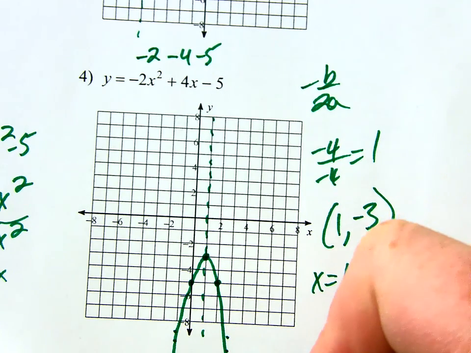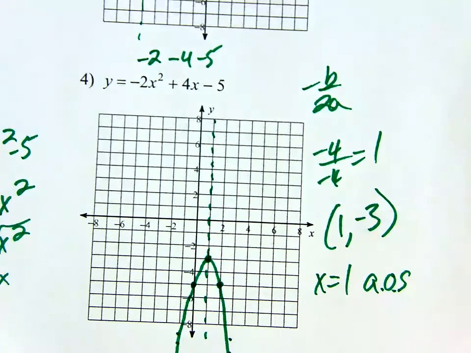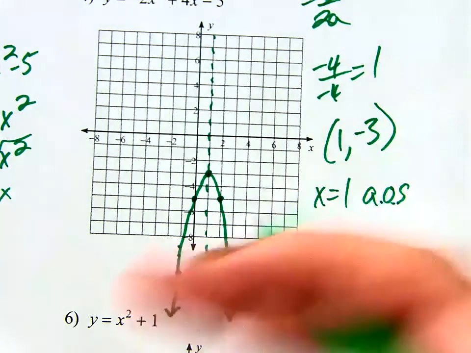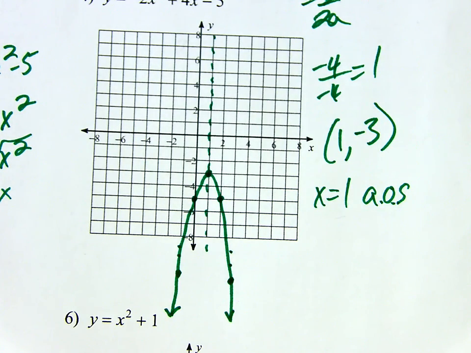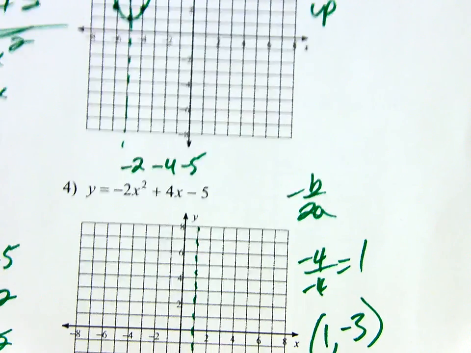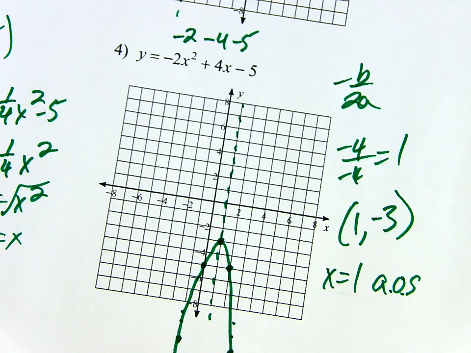Did you get -11? So that's a bit off my grid, but it's in line with what I would expect. If you take a look at your graph in number 4 and number 2, you can definitely tell that 4 is more narrow.